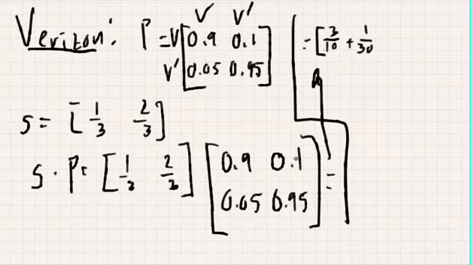And the other entry is 1/3 times 0.1, so that's going to be 1/30th, plus 2/3 times 0.95. 2 times 95 is 190, and 190 divided by 3 gives you 19/30ths. Sorry that I'm sort of poorly doing the arithmetic in my head.